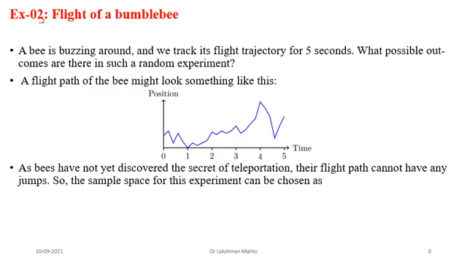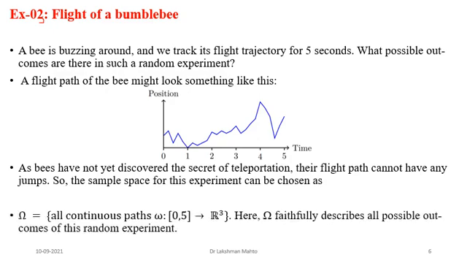Just to avoid a few problems, the sample space would simply be the collection of all continuous functions defined over this time period, 0 seconds to 5 seconds. So this sample space is all continuous paths. When someone says continuous path, it always happens to be a function from a closed and bounded interval to a space where you want to position.